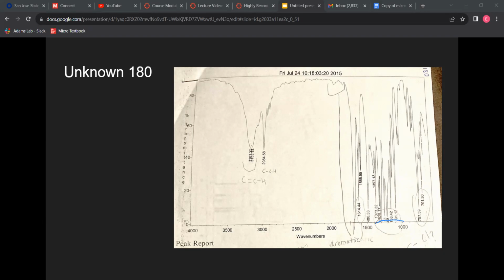That could be the carbon-oxygen single bond of the ester. And between 1735 and 1750, there's this big peak, which could be the carbon-oxygen double bond. So it satisfies both of the criteria to have an ester as part of the molecule.